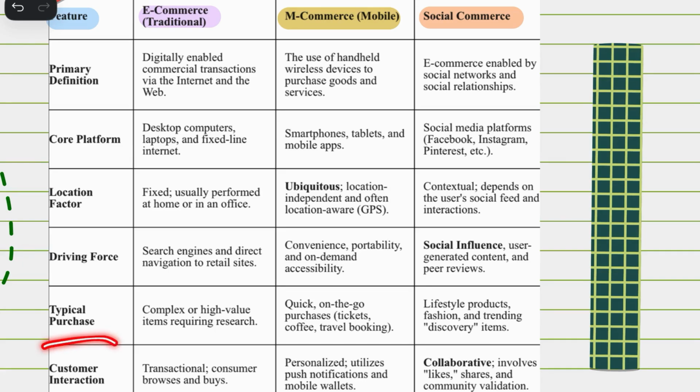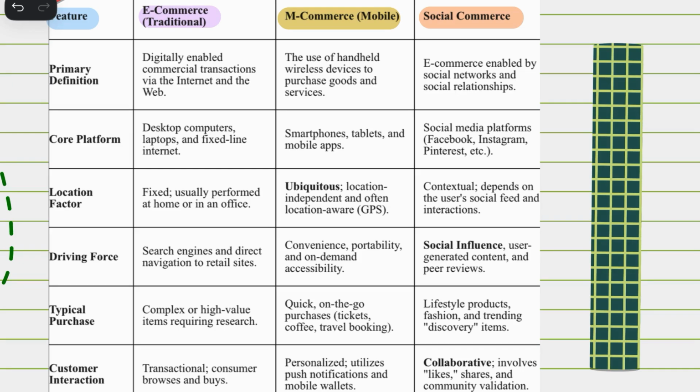If we talk about the typical level of purchase, in e-commerce there are high value items requiring research, right? And in m-commerce there are quick on-the-go purchases like tickets, travel booking, or coffee. And in social commerce it is more about lifestyle products.